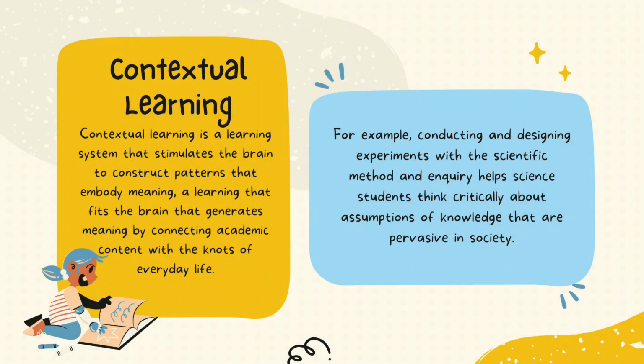The second is contextual learning. Contextual learning is a learning system that stimulates the brain to construct patterns that embody meaning. A learning that fits the brain that generates meaning by connecting academic content with the notes of everyday life.